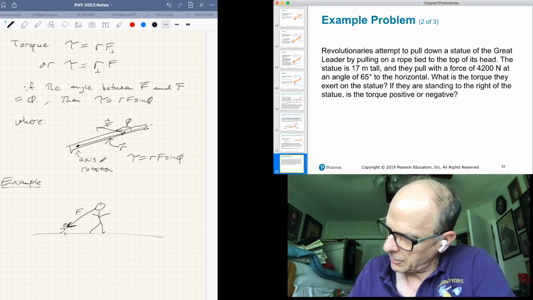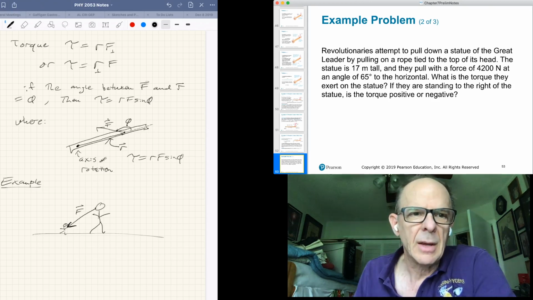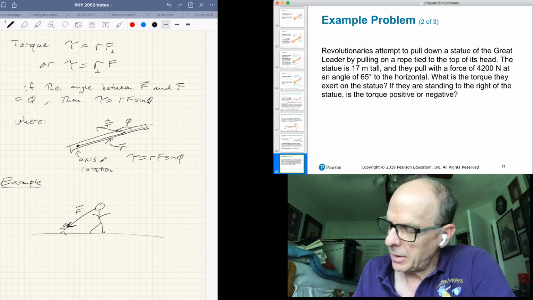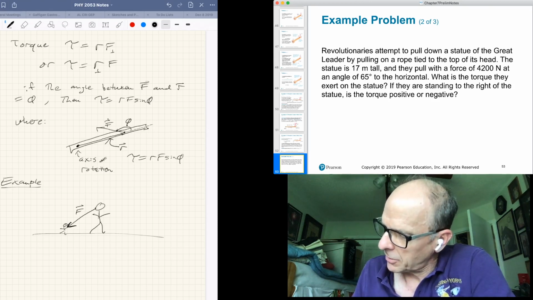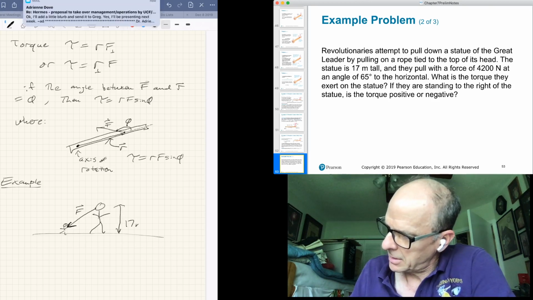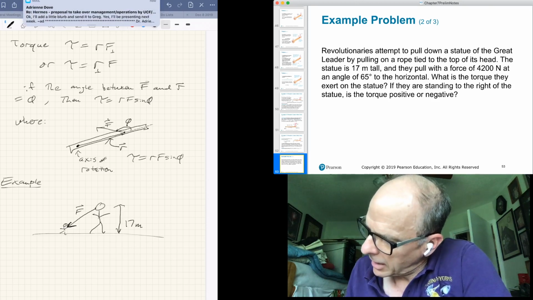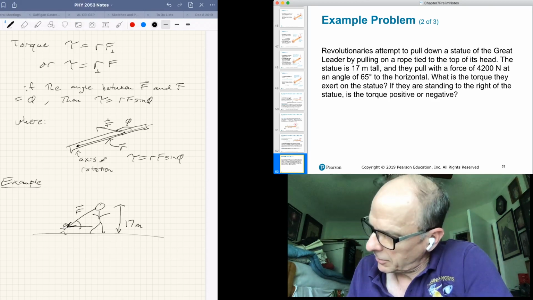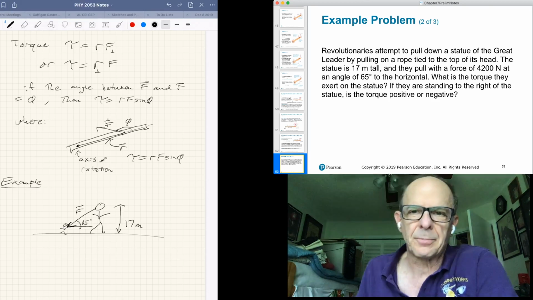That's our force vector, and it is 65 degrees to the horizontal. This is 17 meters, and this angle is 65 degrees.